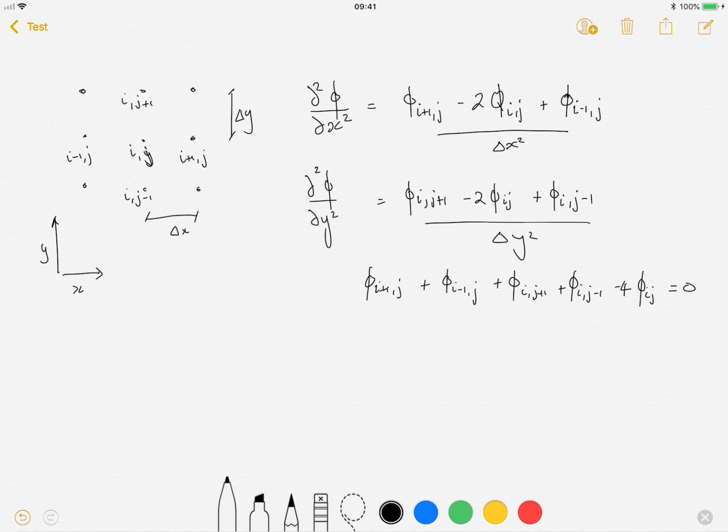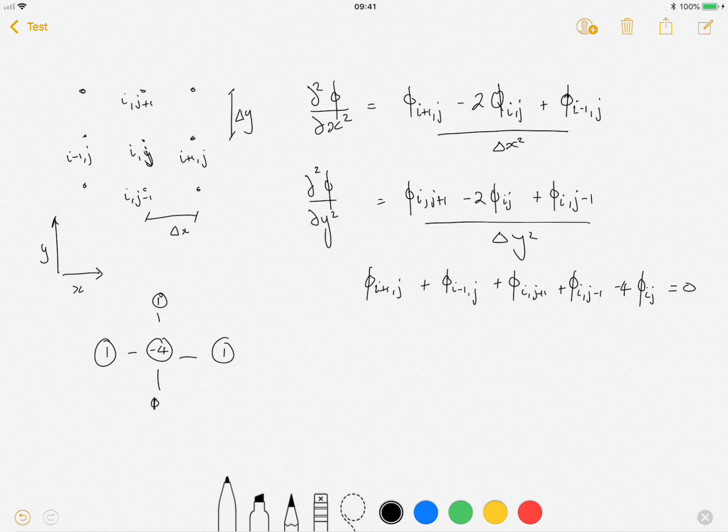In other words, we take a single contribution from the grid point above our central one, a single one to the left, a single one to the right, a single one below, and we take minus 4 in the center.